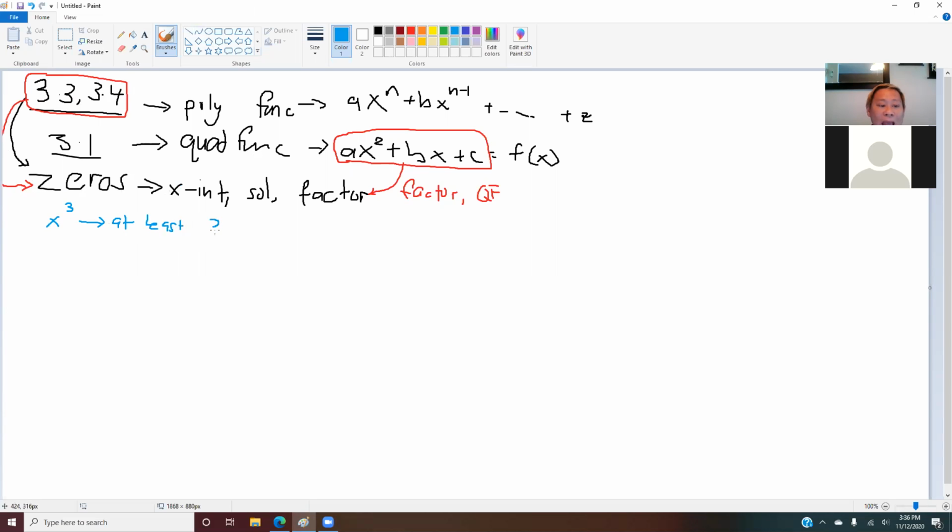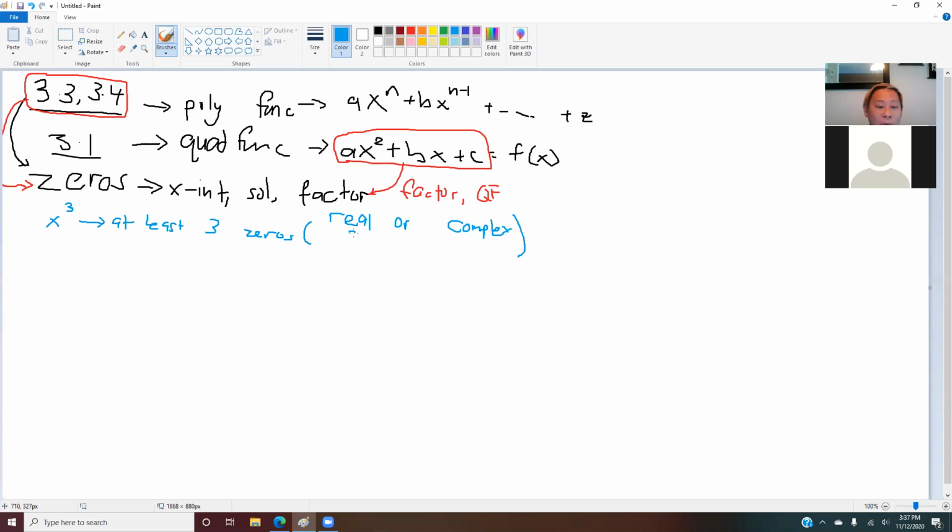When I say at least 3 zeros, it means it can be no zeros, 1, 2, or 3 zeros. These zeros can be real, or they can be complex. So you have to be careful.